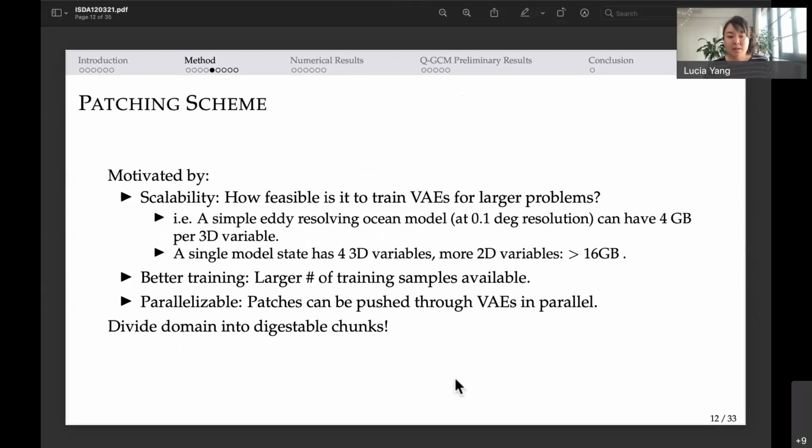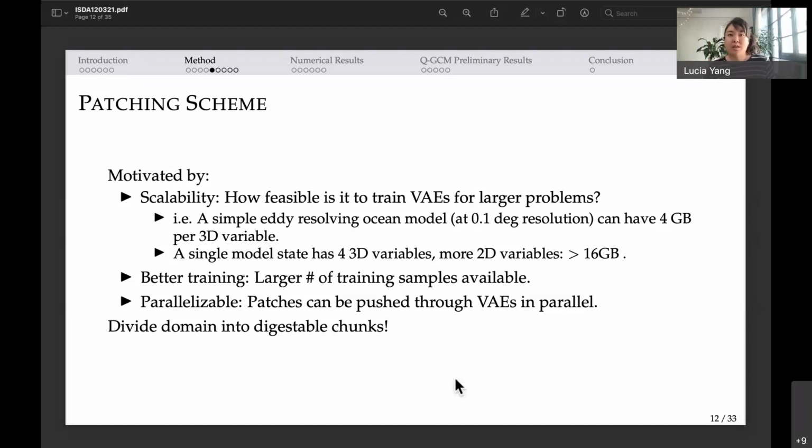Now we'll talk about the patching scheme. We're motivated by the fact that in real problems, all of our state variables are very large. For example, a simple eddy resolving ocean model can have a sample that has up to about 4 gigabytes per single 3D variable. That means a single model state would have something like 16 gigabytes just to identify what the sample looks like.